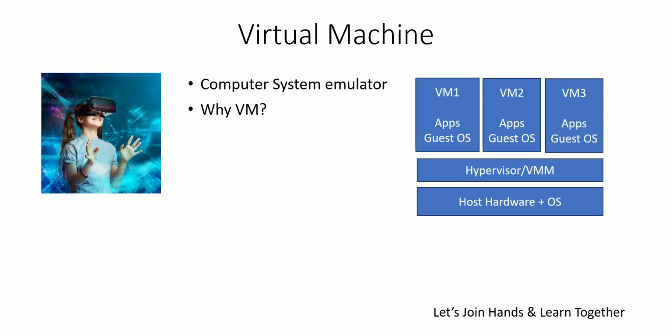On top of it we can install multiple virtual machines. The operating system in the host need not be the same as the guest OS, meaning each virtual machine can have a separate OS, and whatever application is suitable for that particular OS, we can install into that virtual machine and use it.